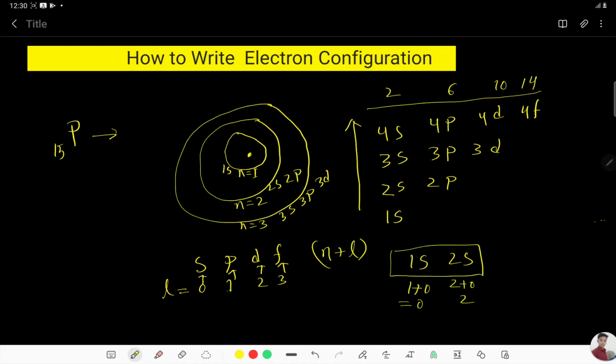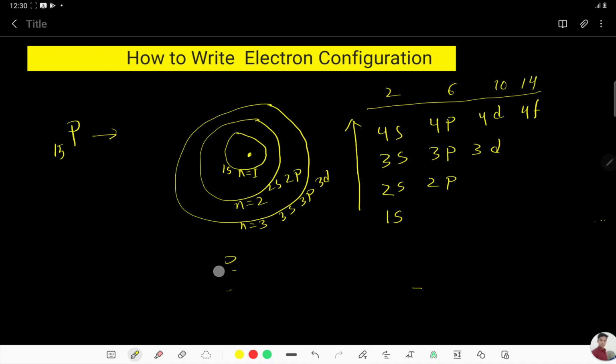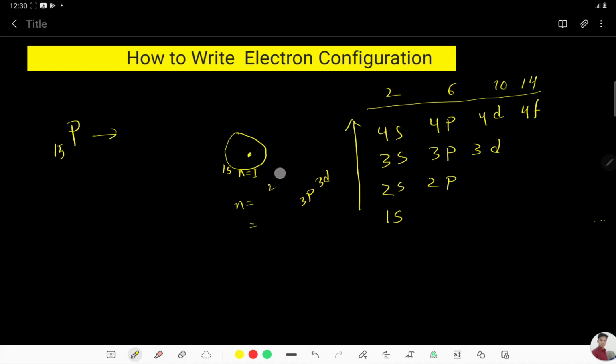So this is the basic idea, and I would like to give you a little more so that you have clear knowledge, right? The s subshell starts with 1s, then we write 2s, 3s, 4s.